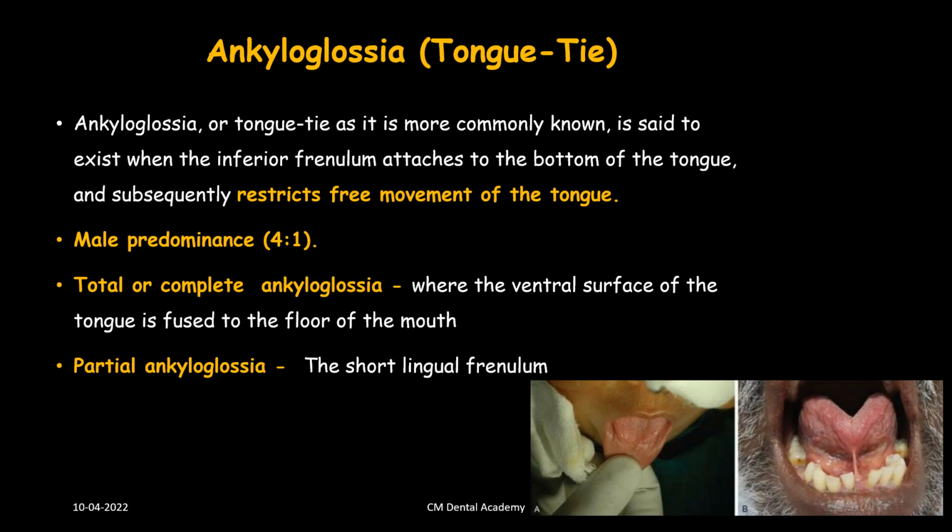In total or complete ankyloglossia, the ventral surface of the tongue is fused to the floor of the mouth. In partial ankyloglossia, there is a short lingual frenulum. Here you can appreciate the partial and the total complete ankyloglossia.